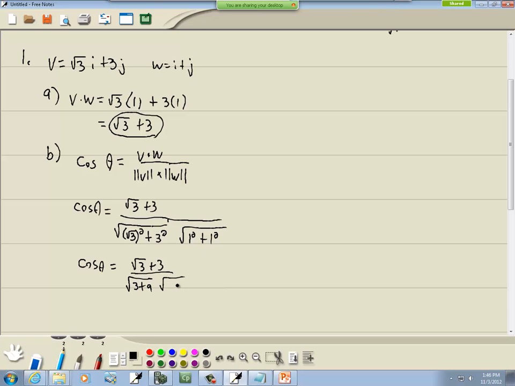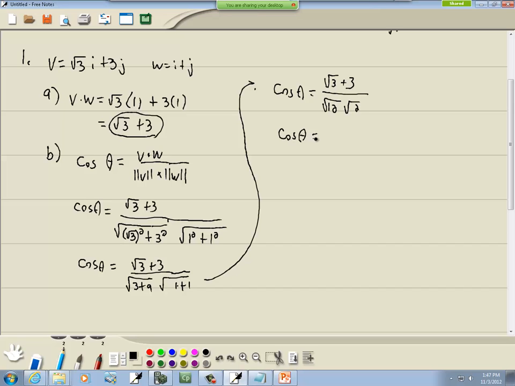And 1 times 1 is 1, 1 times 1 is 1, so 1 plus 1 is going to give us 2. So we got cosine theta is equal to square root of 3 plus 3 over square root of 12 times square root of 2.